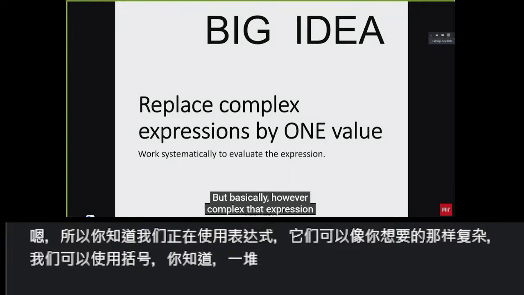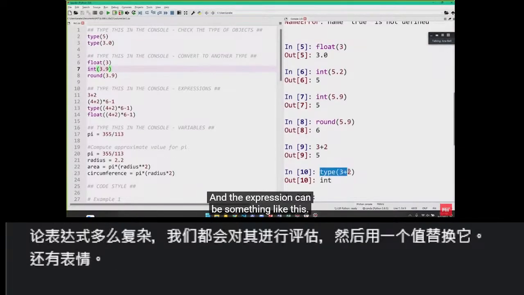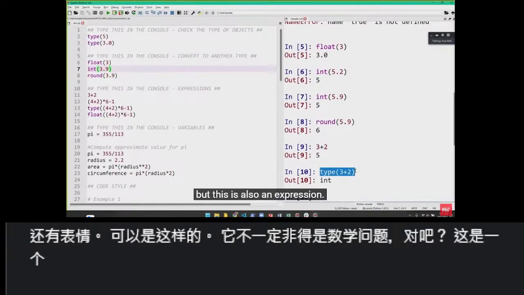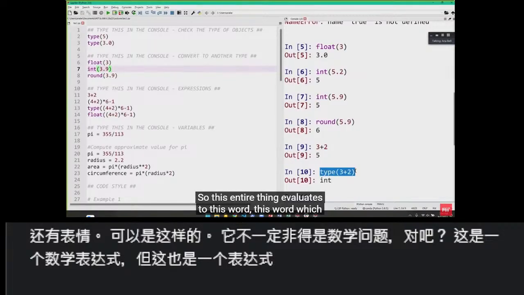But however complex that expression is, we evaluate it and we replace it with one value. And the expression can be something like this. It doesn't just have to be something that's mathematical. This was a mathematical expression, but this is also an expression. And this entire thing evaluates to this word, which represents the type integer.